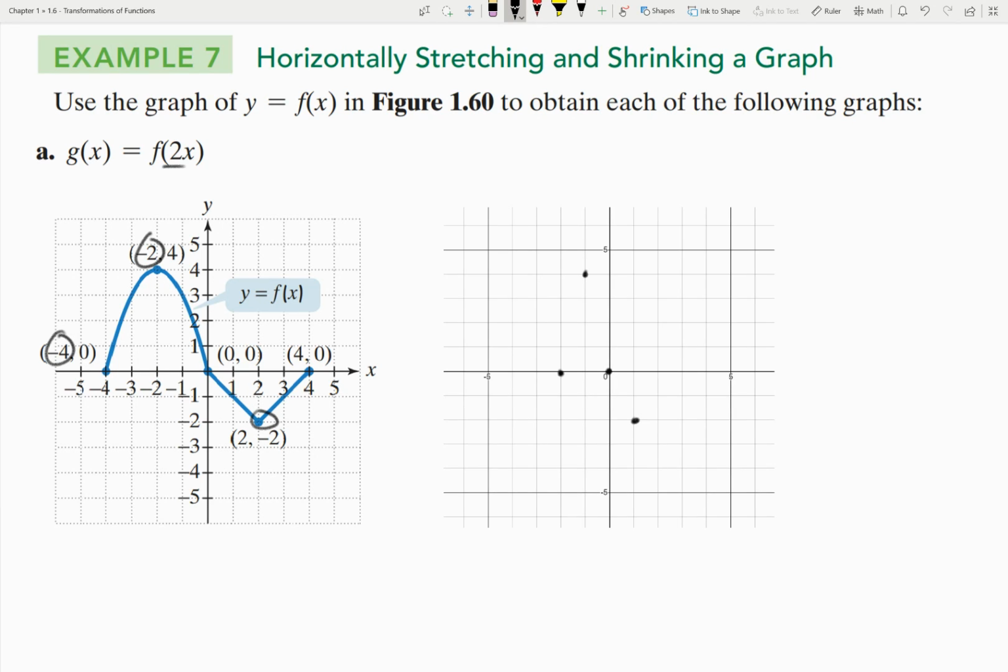And finally, the 4, 0 turns into 2, 0. And the shape stays the same because I didn't graph all the points in the middle, right? This one is a curve, and this one is my V. Okay. So what happened is I took all these points and it smushed it closer to the y-axis.